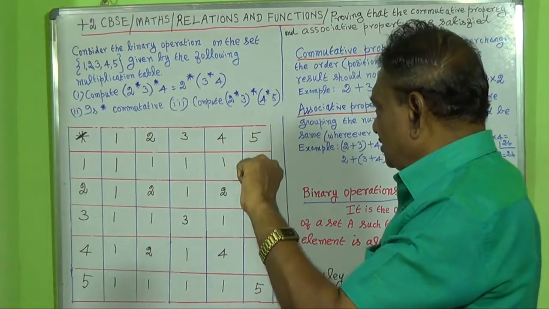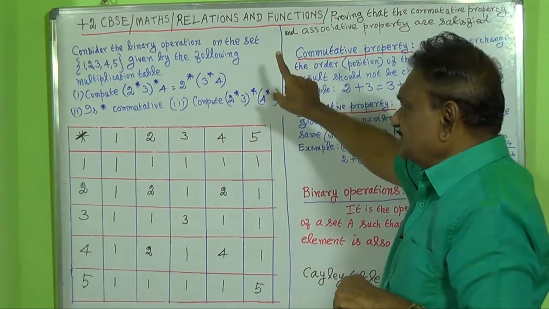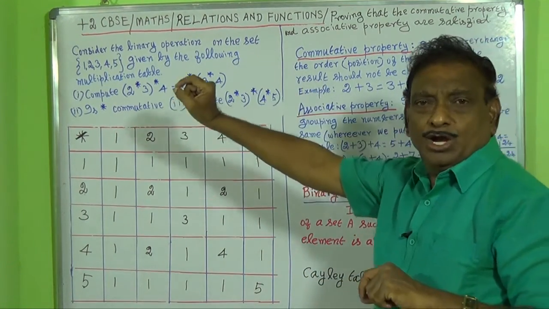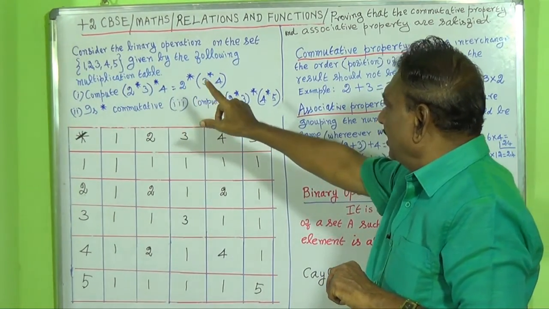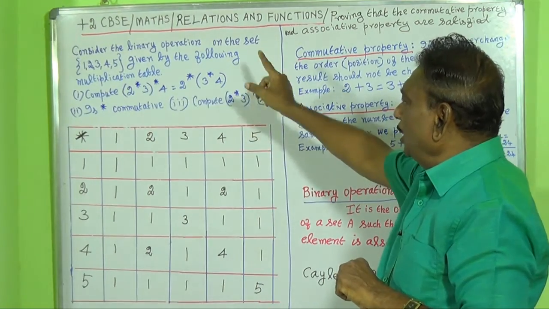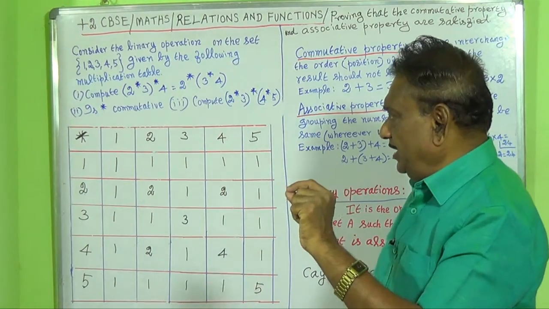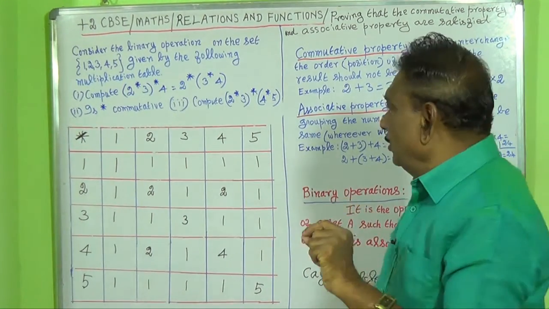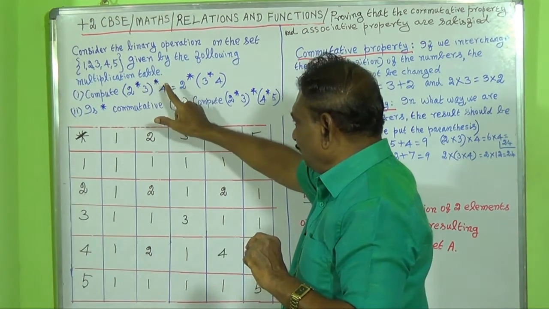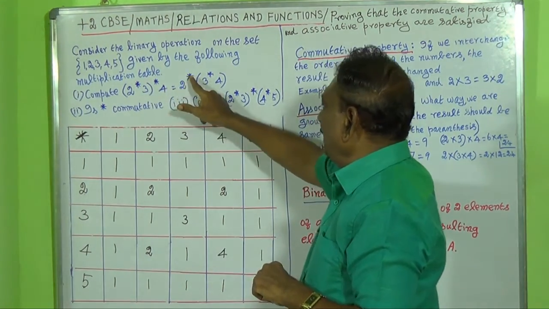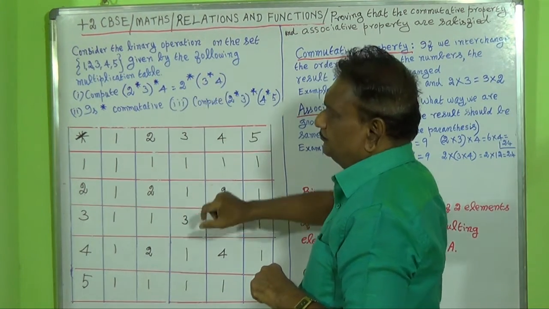The question is, consider the binary operation on the set 1, 2, 3, 4, 5 given by the following multiplication table. The first question is, compute (2 binary operator 3) binary operator 4 and 2 binary operator (3 binary operator 4).